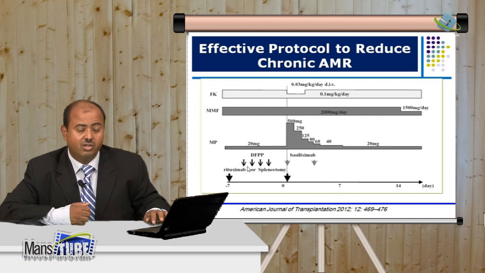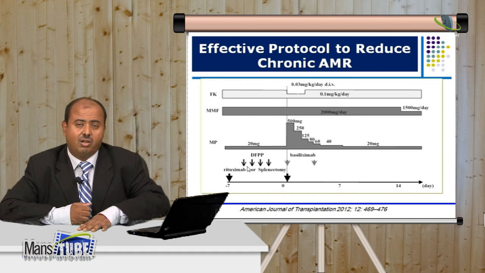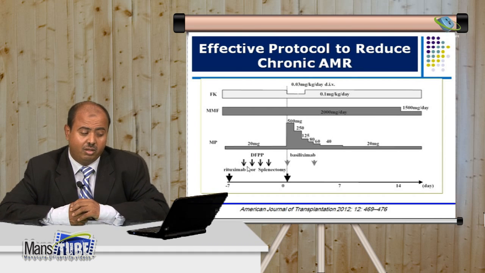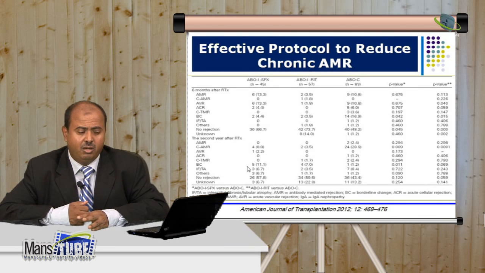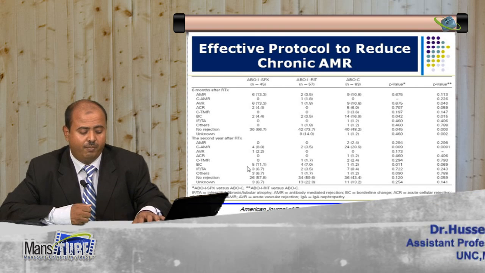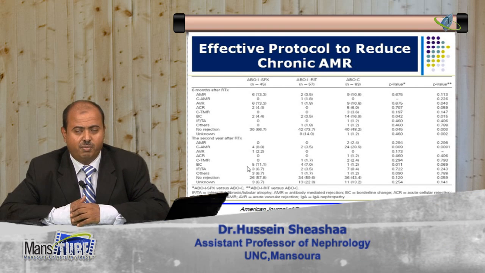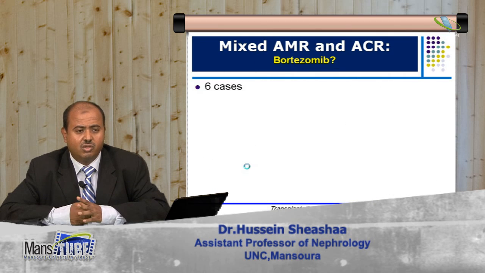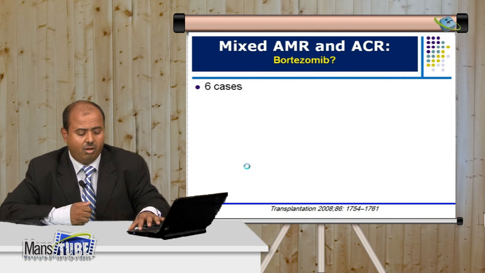In these patients with ABO incompatibility, the patients were allocated to 3 arms of treatment besides all these immune suppressives: either splenectomy, or rituximab, or control without splenectomy or rituximab. Doing splenectomy or treating the patient with rituximab are superior. These 2 groups are superior to the control arm in reversing the humoral process.